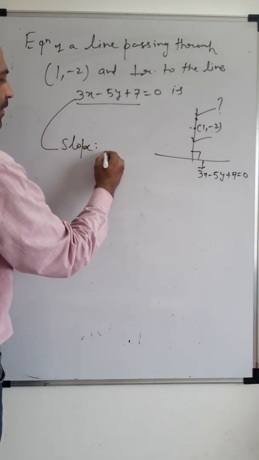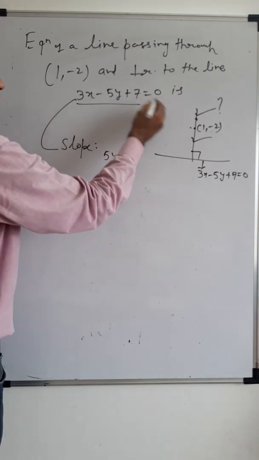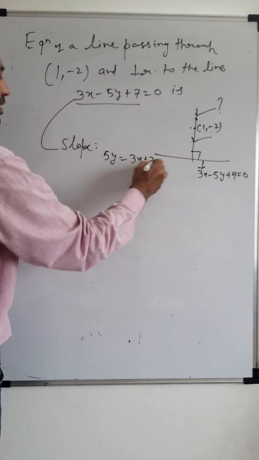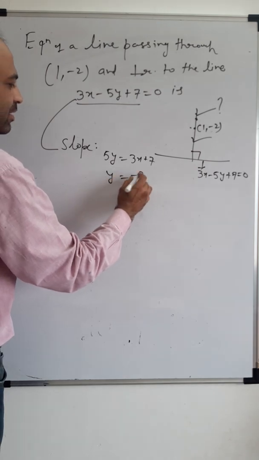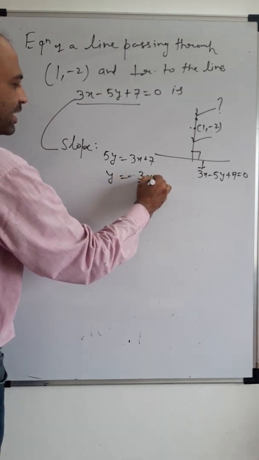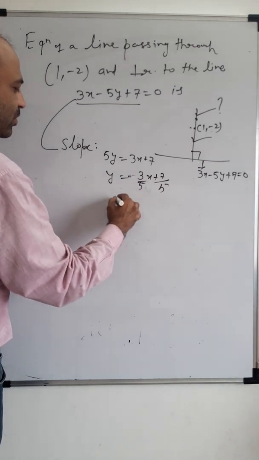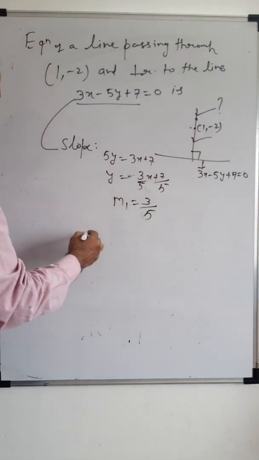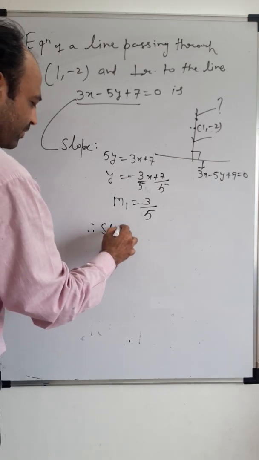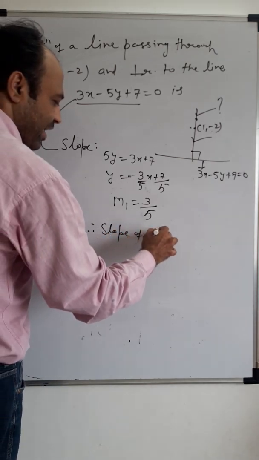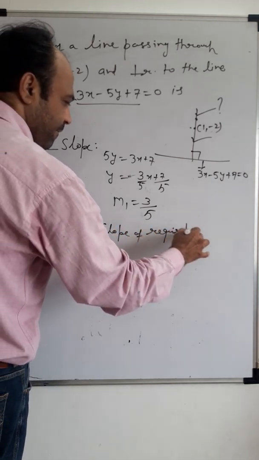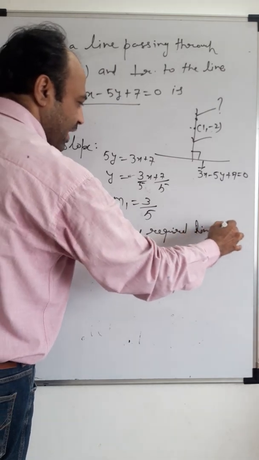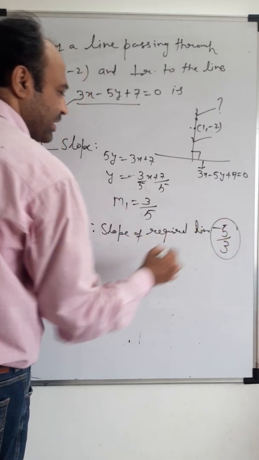It is going to be 5y equals 3x plus 7, so y is 3/5 x plus 7/5. So the slope m1 is 3/5. So what is the slope of the required line? Therefore the slope of the required line is minus 5/3. Correct?